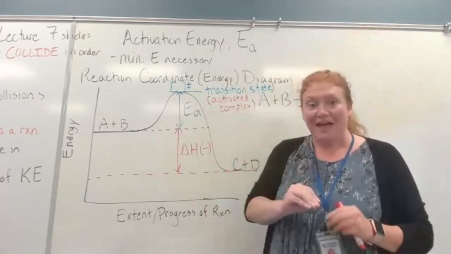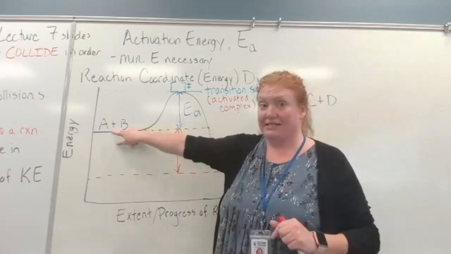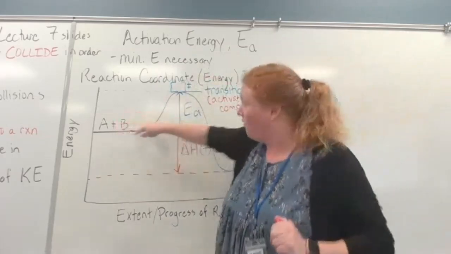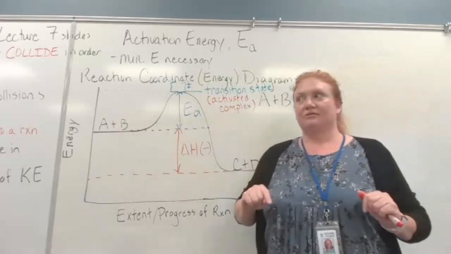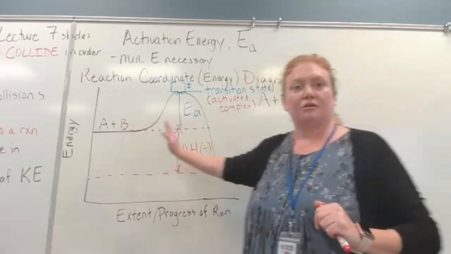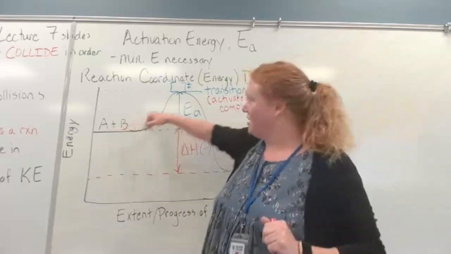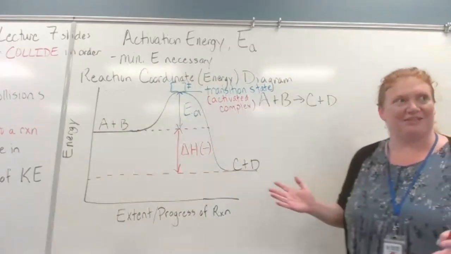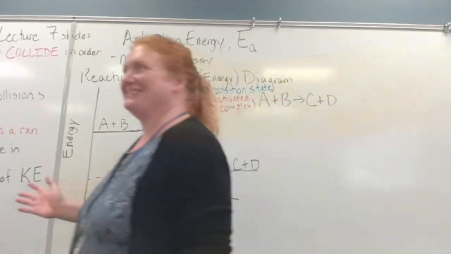What we can change is how fast we get over the hill. Getting over the hill is the rate. What's the slowest part of this process? Is it going up the hill or is it coming down the hill? Obviously, going up the hill is slower than going down the hill.